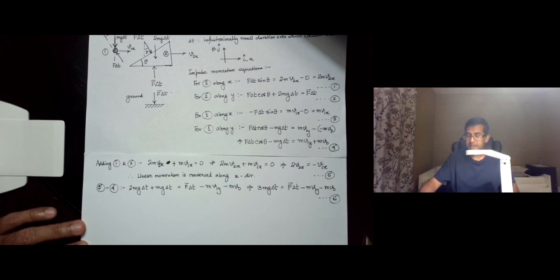And so equation 6 is problematic because I cannot use it.